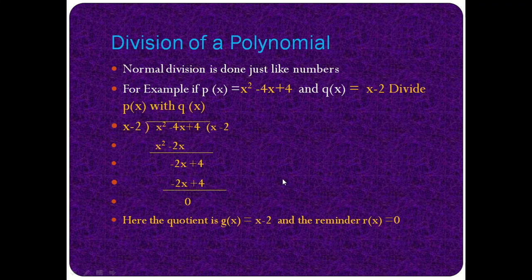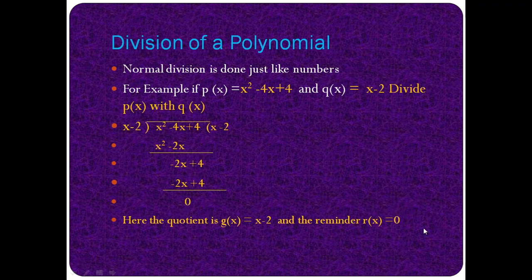So you do the division just like dividing two numbers, but you consider the coefficients. It is a very simple method for dividing two polynomials. Here the quotient is x minus 2. The answer is x minus 2, and there is no remainder.